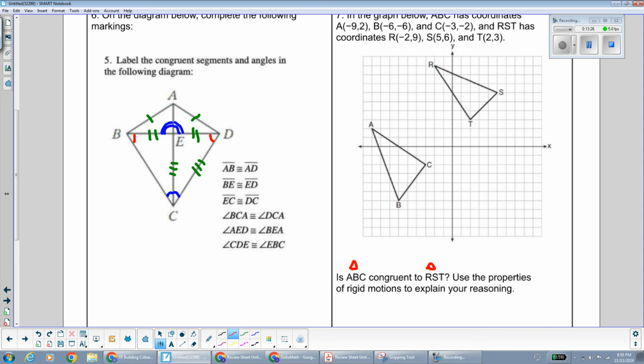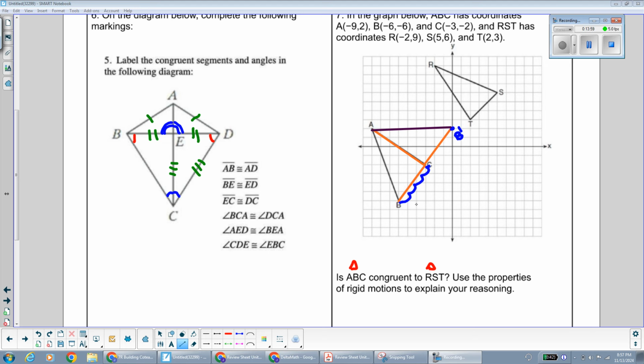So if I reflect it, let's see what happens. Let's reflect over AC. Because all I want to do is get the orientation the same way. So to reflect over line AC, the only point that's going to move is B, because A and C are already on the line of reflection.